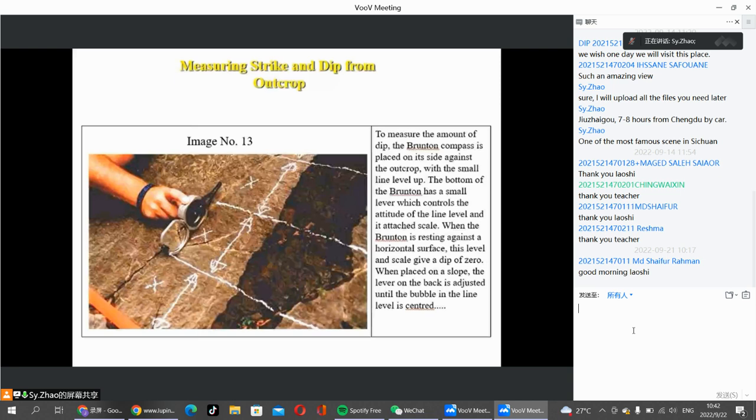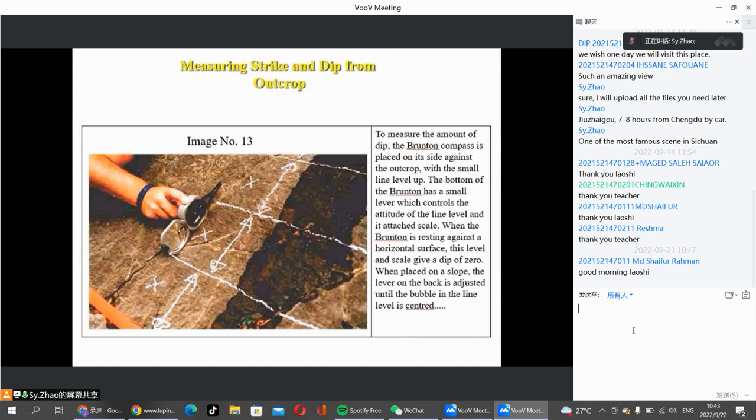So to measure the value of the dip angle, the compass is placed on its side against the outcrop with a small line level up. The bottom of the compass has a small level which controls the attitude of the line level and its attached scale. And when the compass is resting against a horizontal surface, this level and scale give a dip of 0.